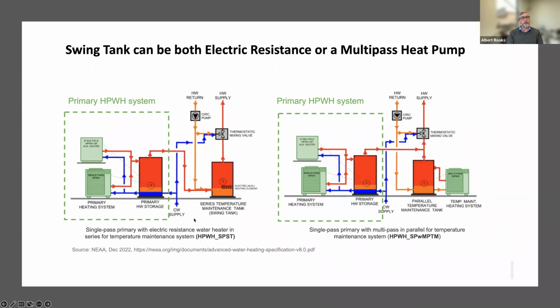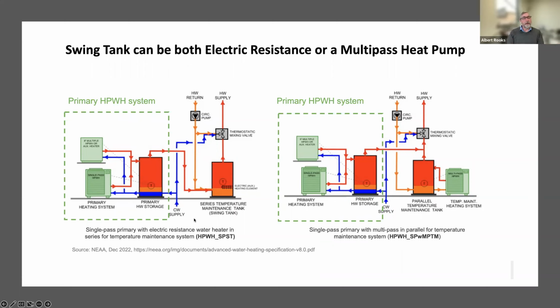There's a heat pump, and there may be something topping it up. Maybe non-heat pump methods of topping up are going to go away because they don't have high COP. But the primary is the same between both.